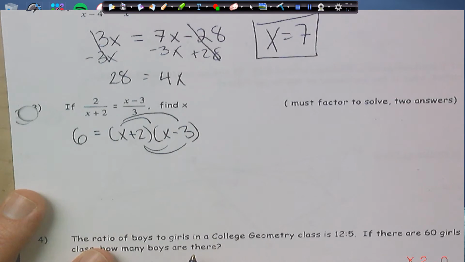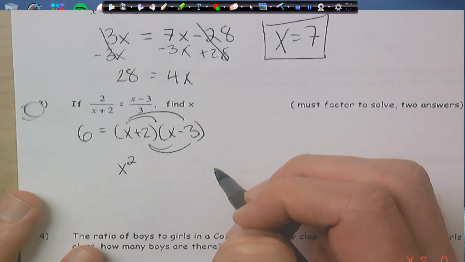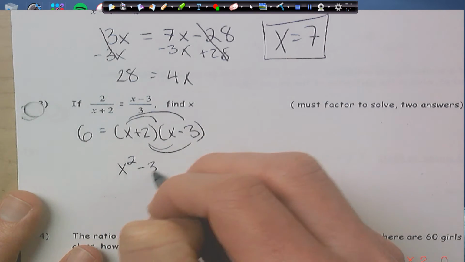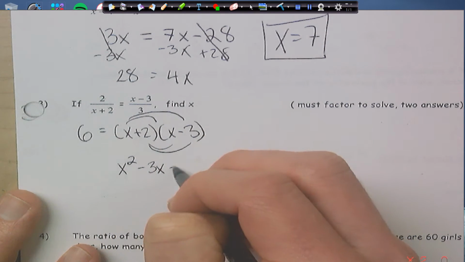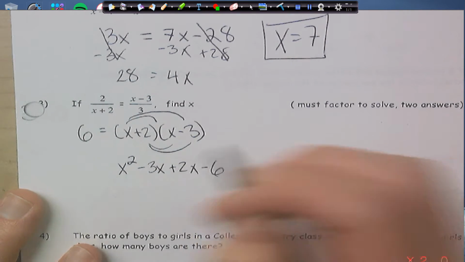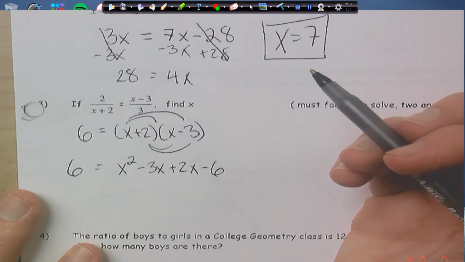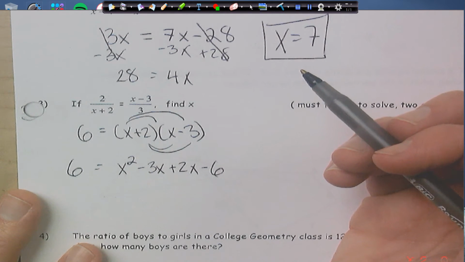And we should get 4 different items here. So we're going to get x times x, just x squared, x times negative 3, 2 times x, and 2 times negative 3. Okay? So that's what we should get, and I think that looks pretty good.